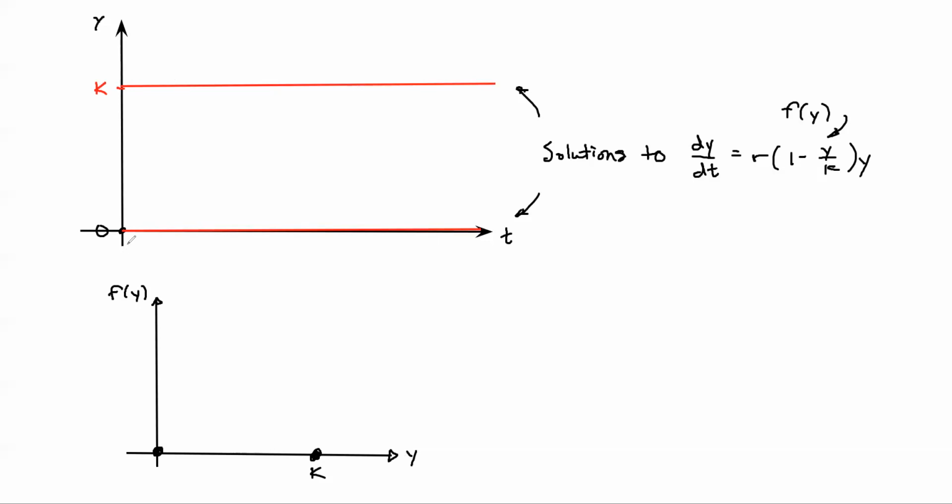And yes, one of them is vertical and one of them is horizontal, and that is confusing, right? The difference here is that the horizontal axis in this case is t, and the vertical axis here is f of y, and so they're not the same, right? This one is y versus t, this one is y versus f of y.